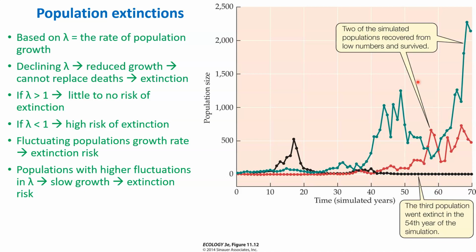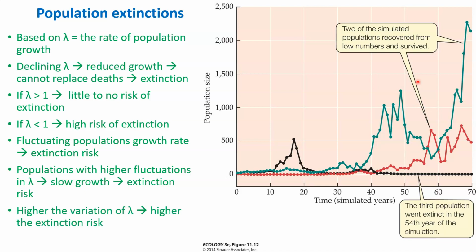And ultimately, these dramatic fluctuations, lots of highs and lows, will eventually slow the net population growth rate, thereby increasing the risk. So, as shown by these mathematical simulations, dramatic fluctuations in lambda also increase the extinction risk of that population.